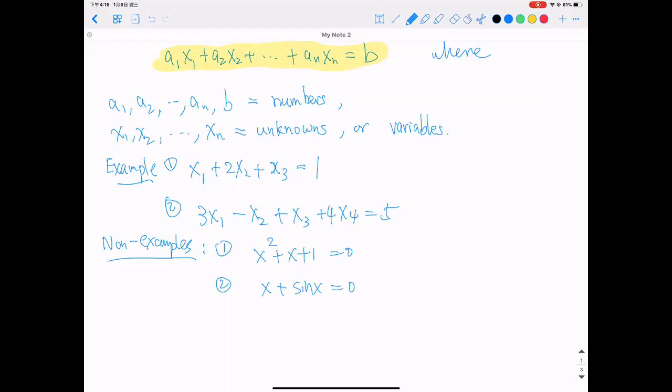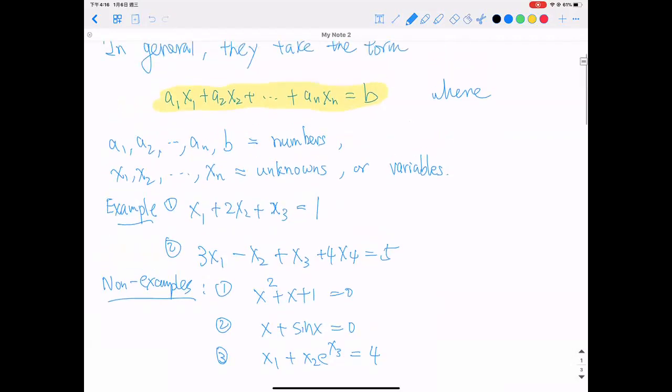That's not an example. You have x1 plus x2 e to the x3 equals 4. That's not an example. There are as many non-examples as there are examples. So you just have to keep in mind that for linear equations, you really want them to look like this. Okay, so these are the kind of things that we want to study.